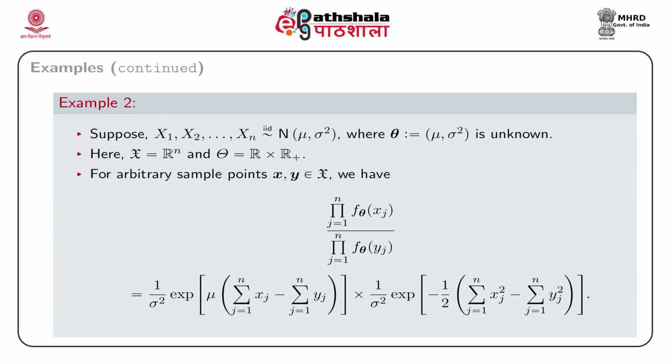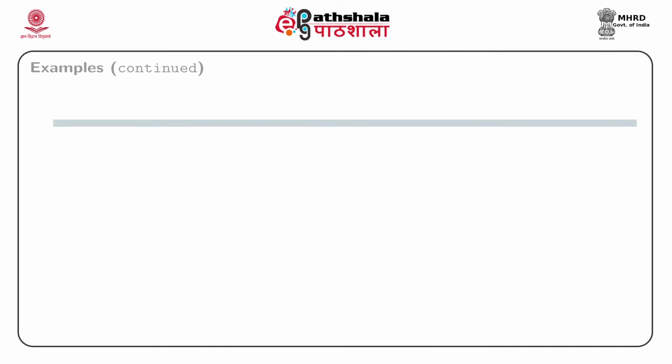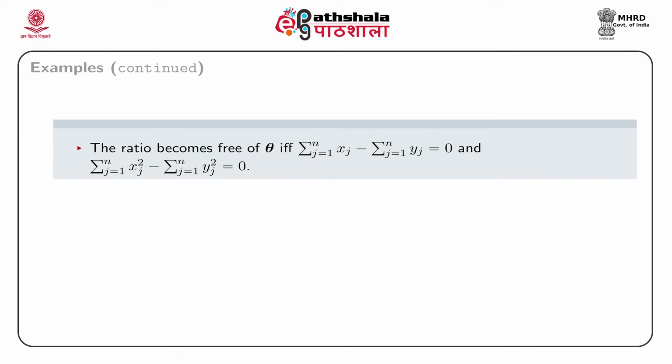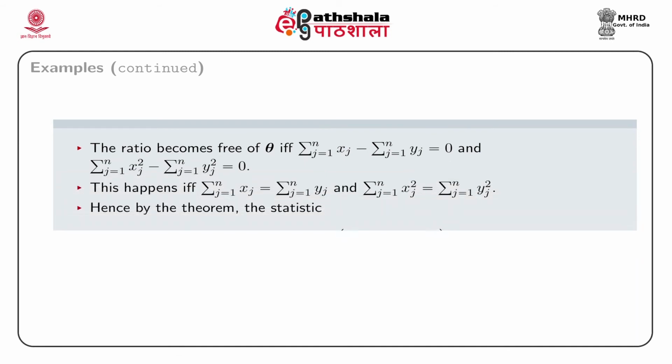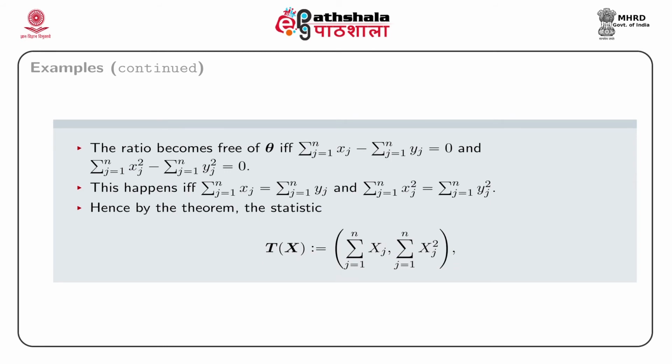Let us write this as equation 2. From 2, it becomes clear that the last expression would not involve the unknown parameter theta equals (mu, sigma) if and only if summation x_i equals summation y_i and summation x_i square equals summation y_i square. Hence, by the theorem, T equals (summation over i from 1 to n X_i, summation over i from 1 to n X_i square) is minimal sufficient for (mu, sigma).